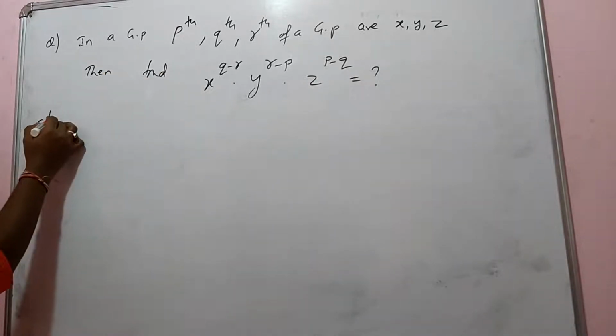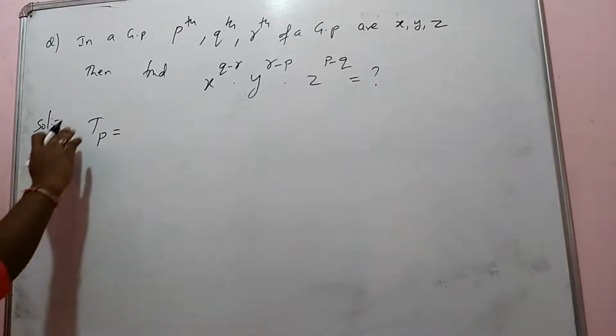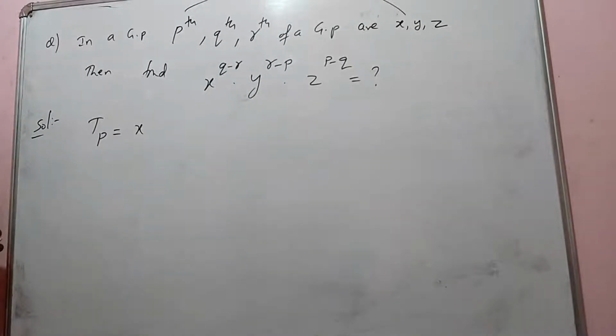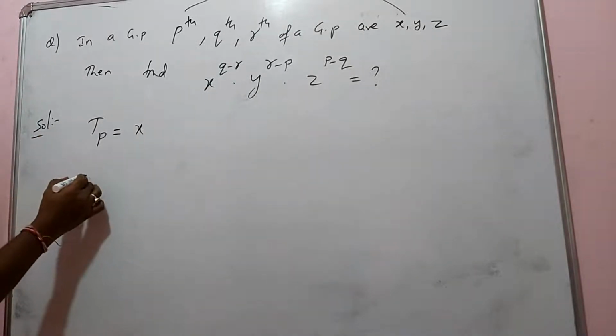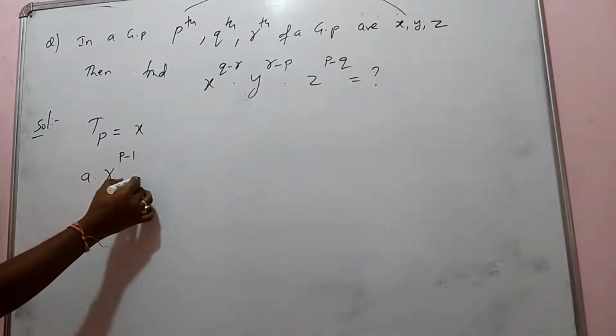Now, what is the pth term? Pth term means TP. TP is equal to x, as given. The pth term in the GP can be written as a into r to the power of p minus 1.